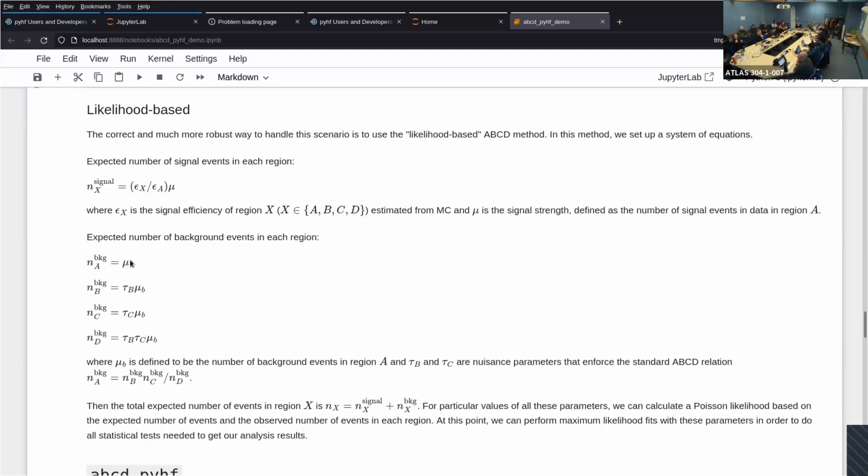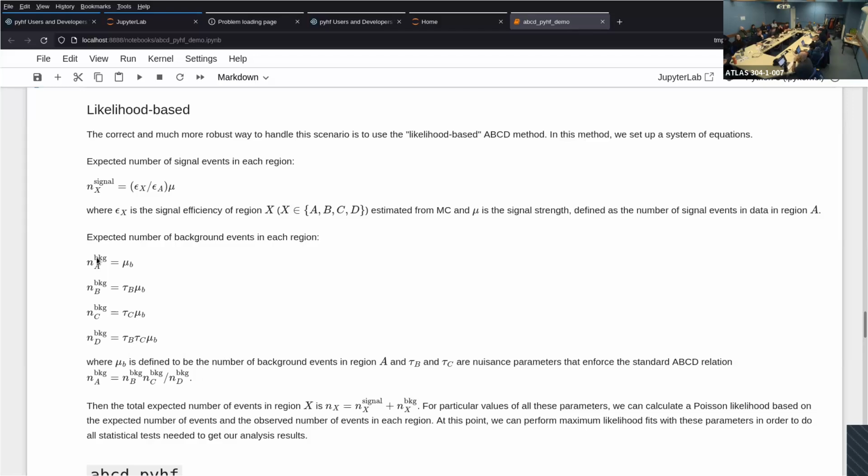So you have this mu_B parameter, the number of background events in A, and then there are these ratio parameters, tau_B and tau_C, which are like transfer factors between how many more background events there are in region C compared to region A. And then with this uncorrelation assumption, the number of background events in D is just the product of these two transfer factors times the normalization.